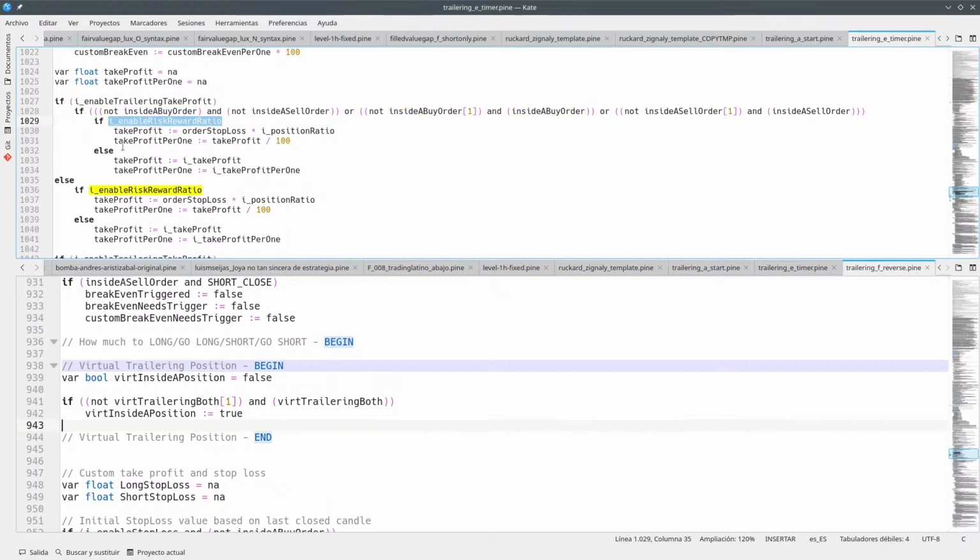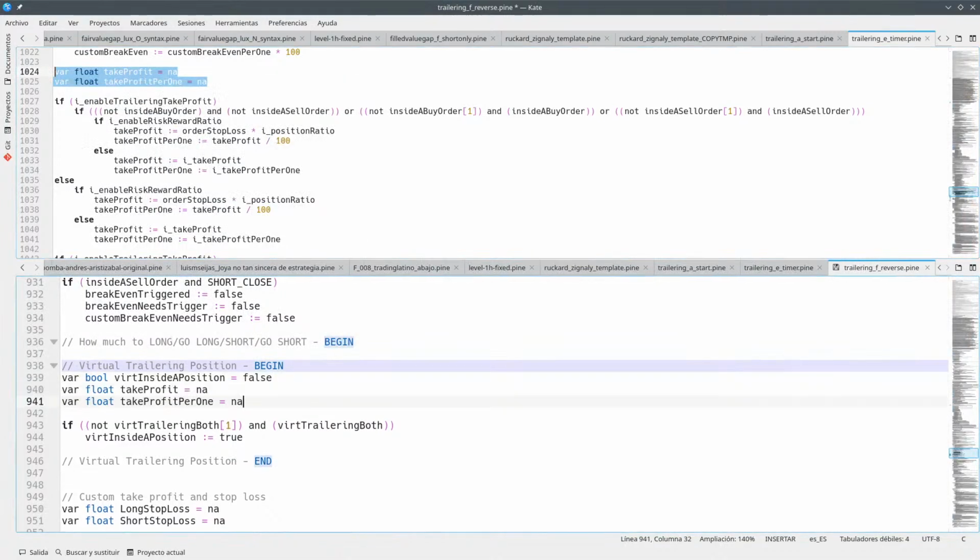Okay, so what more do we want here? Risk reward ratio, take profit. The take profit is based on the stop loss position ratio, which is whatever we have done. So we need to have take profit and take profit per one. We need these values here, because otherwise we don't know when there is a new take profit.